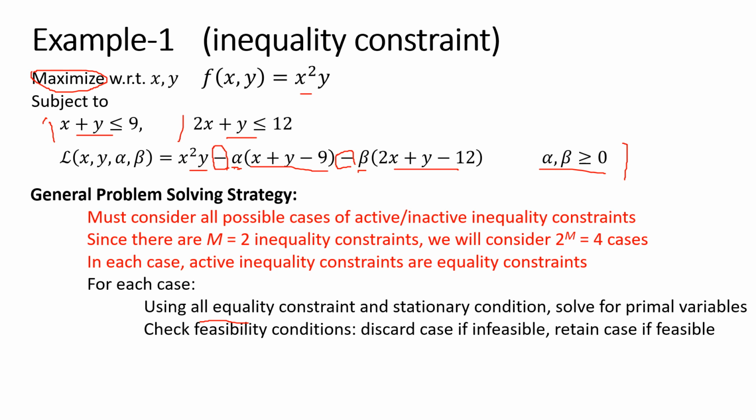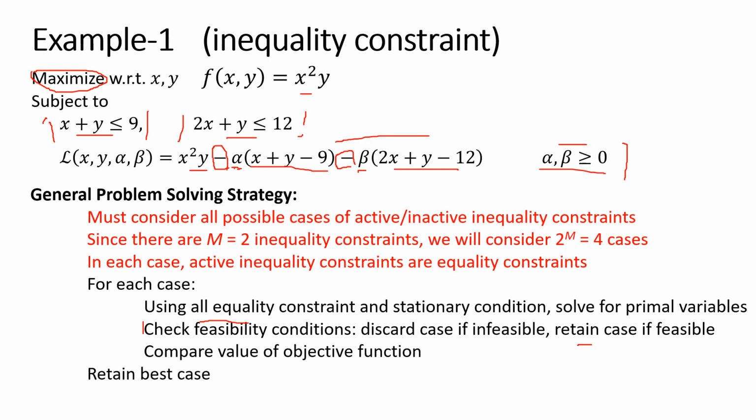If they are negative, then we discard the case. But in our simple case, we don't need to check these, only checking the primal feasibility conditions is good enough. And then for all cases that we retain, we compare the value of the objective function, and then we retain the best case as the output of our problem.